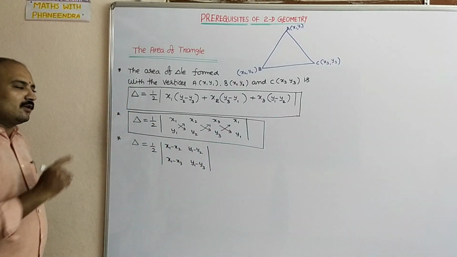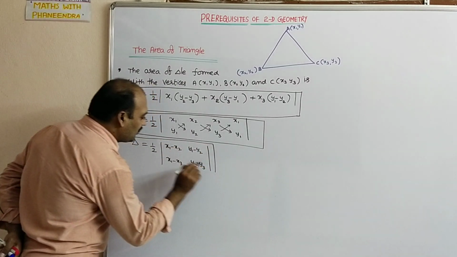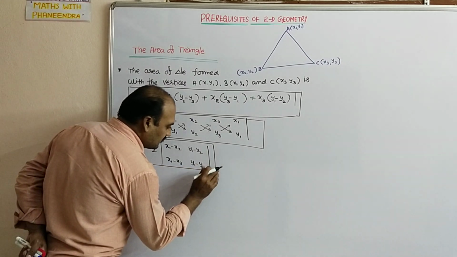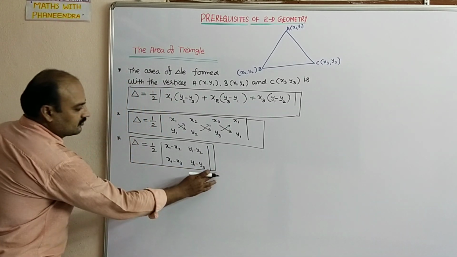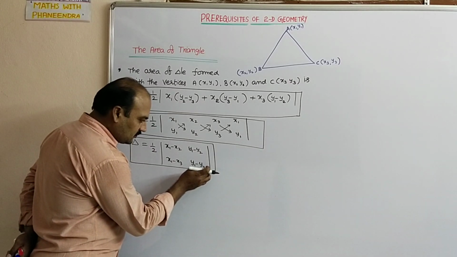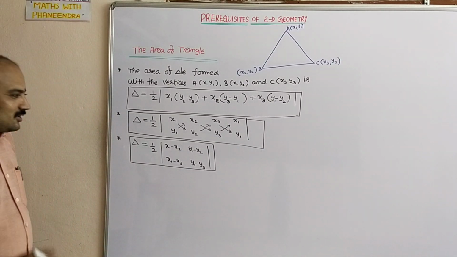First column, second column. This is also the area of triangle formed by the given 3 vertices. These are the formulas.